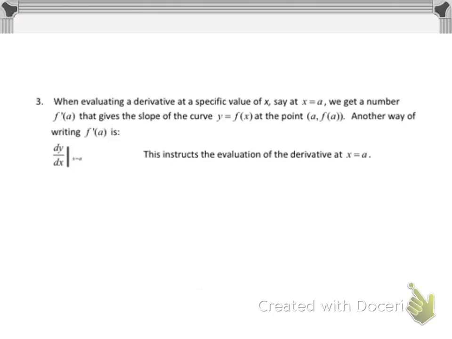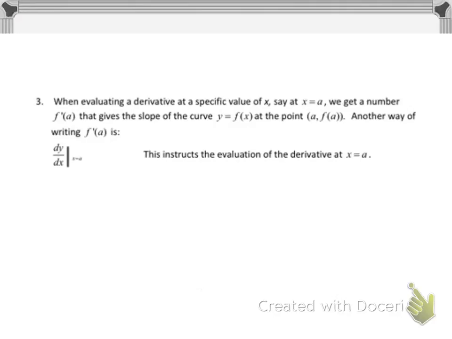Because notation is the way we communicate in math, I want to point out yet another type of notation so that you can understand what it means. So when evaluating a derivative at a specific value of x, say at x equals a, we get a number f prime of a that gives the slope of the curve y equals f of x at the point a, f of a.